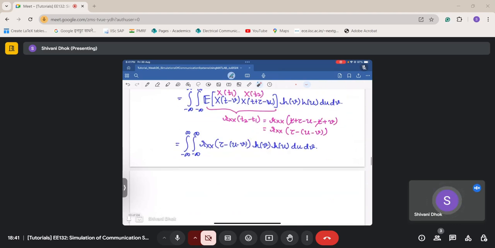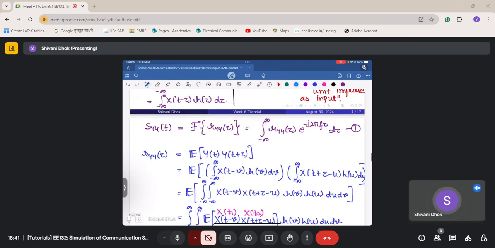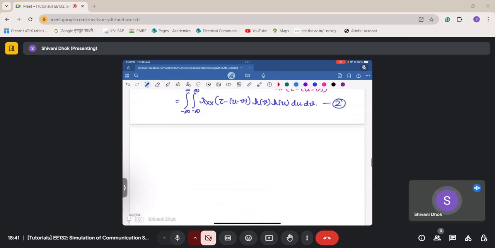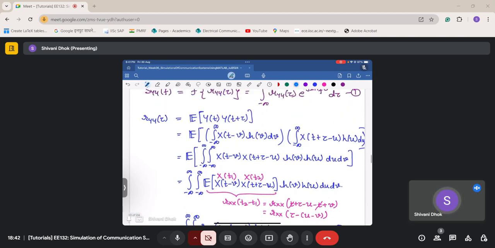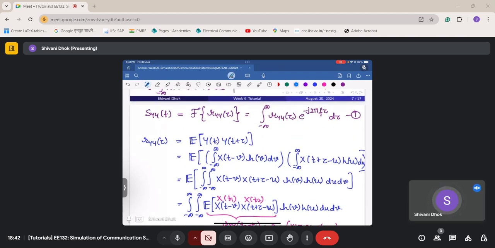So what we will do, we'll substitute this thing in our equation number 1. So substituting 2 in 1, what we get is Syy of f. Again, if you look at this particular thing, we had found out the expectation of y of t into y of t plus tau.